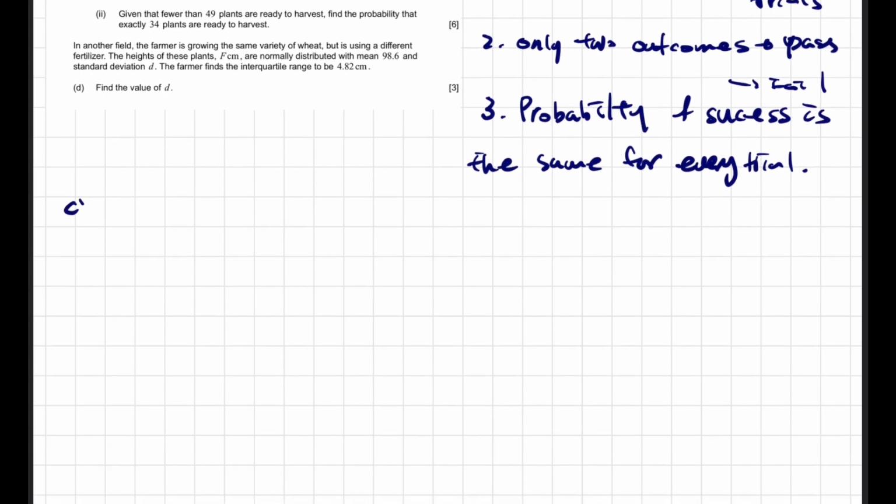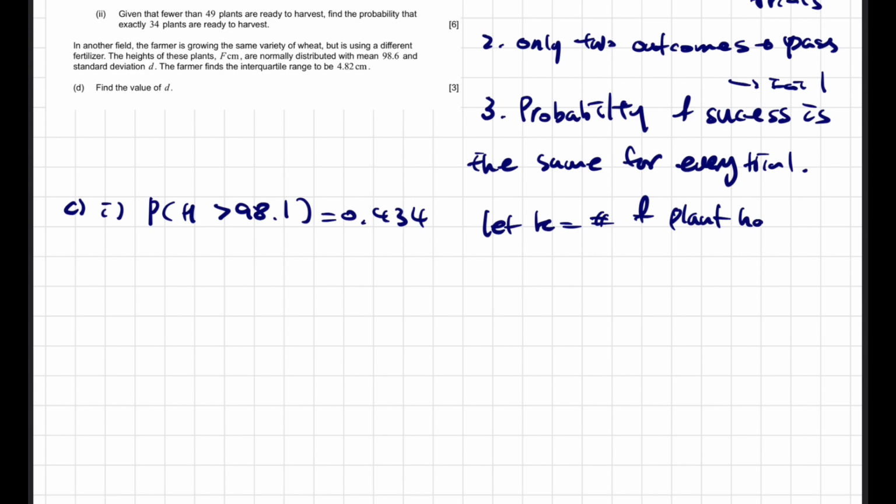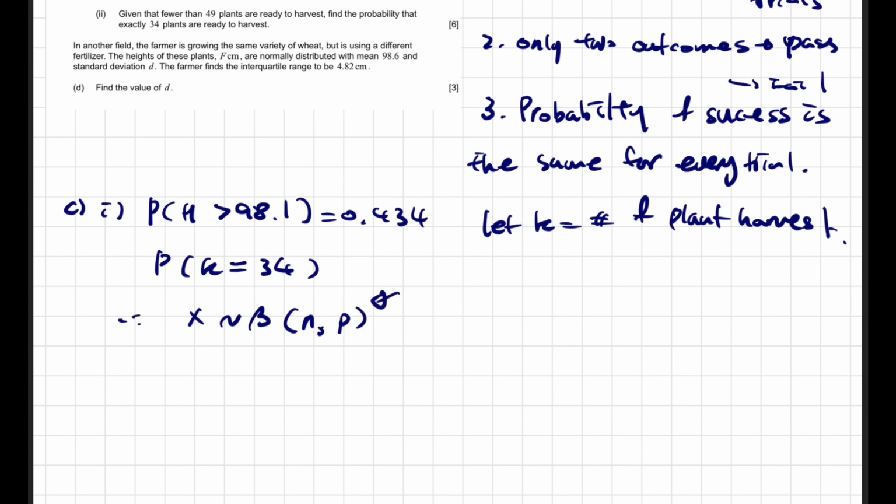So for question C(i), we're going to use P(H > 98.1) = 0.434 again. And we're going to let K equal the number of plants ready to harvest. So we're going to say P(K = 34), because that's what we are aiming for, and we're going to use the binomial distribution. Don't forget, when you do this type of question, you always have to use this format to identify that this question is a binomial distribution, right?